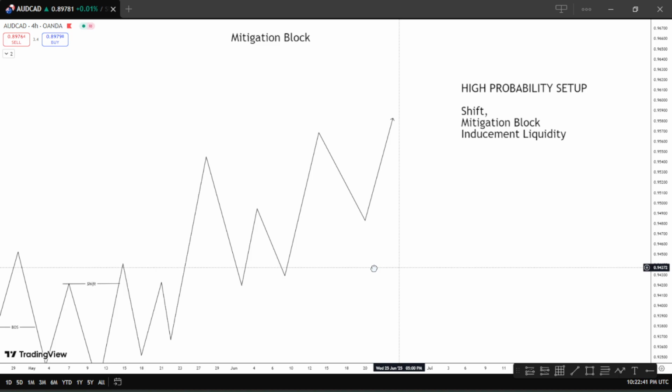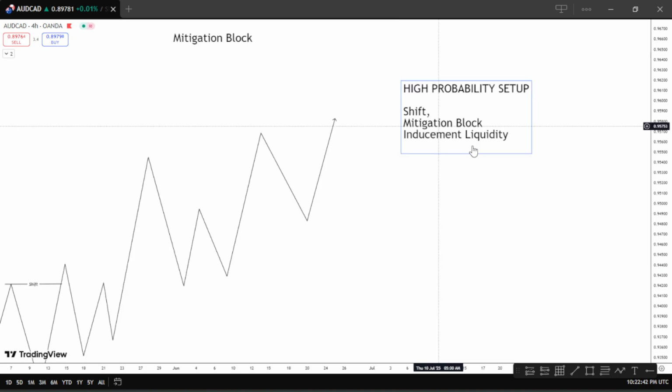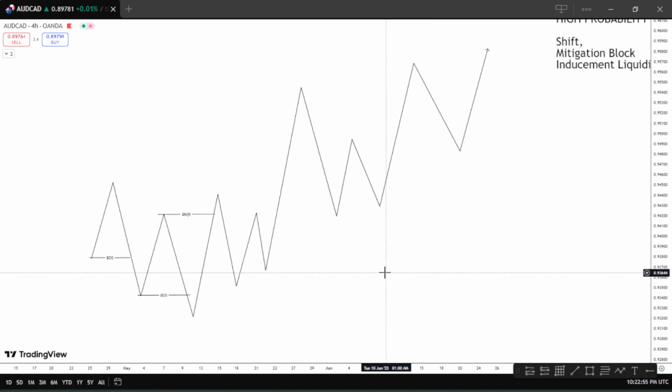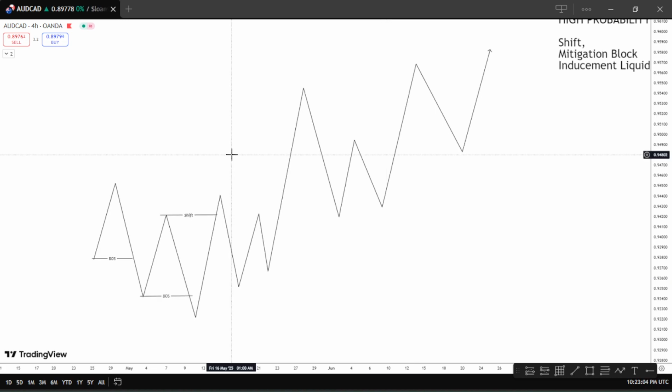So this is my outline of basically what I'll be looking into, and I would make a video on mitigation block immediately after this particular video is posted. Reason is because mitigation block was an entry type I used to take this trade. It's under expansion type entries where you get the breaker block and mitigation block.